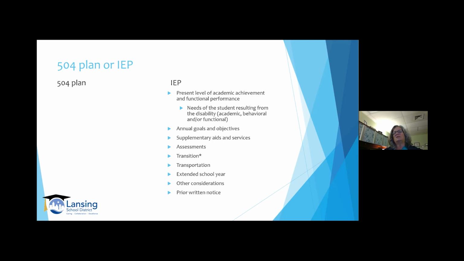The discussion of that particular therapy would go into the prior written notice as something that we would not be implementing. And so that information must be provided to the parent prior to the implementation of the IEP. That's why it's called prior written notice, because we give the parent the information prior to the implementation of the IEP.